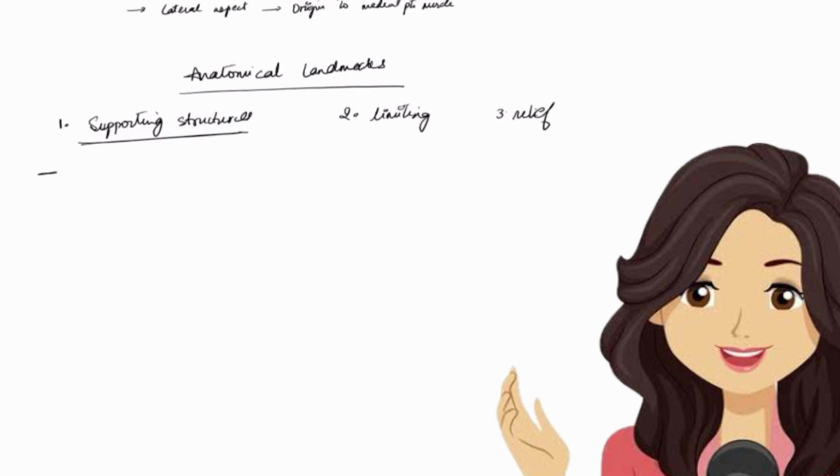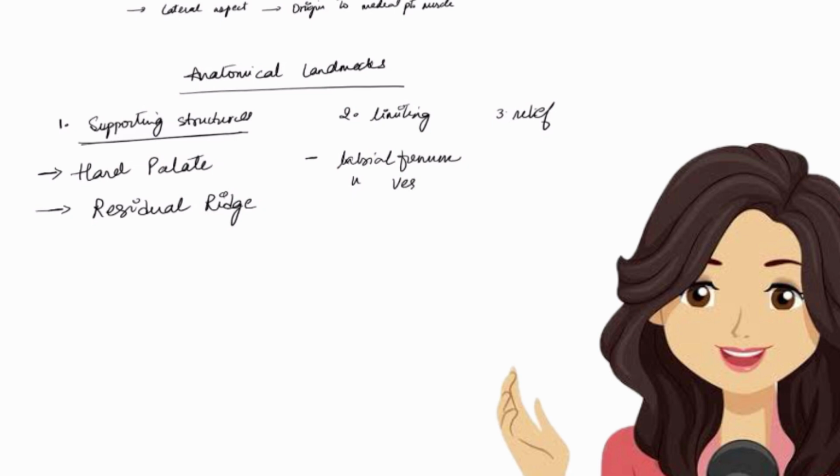For the supporting structures, the main structure for support is your hard palate. The second area for support is your residual ridge. These are your main supporting structures. As limiting structures, you have the labial frenum, then the labial vestibule.